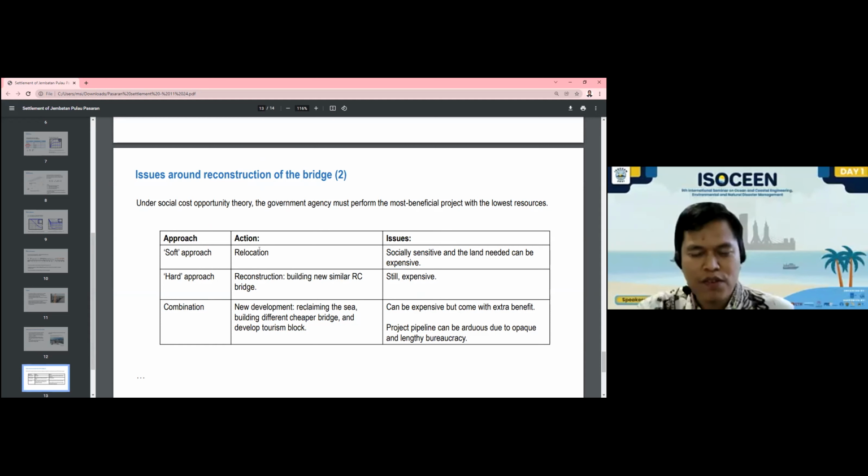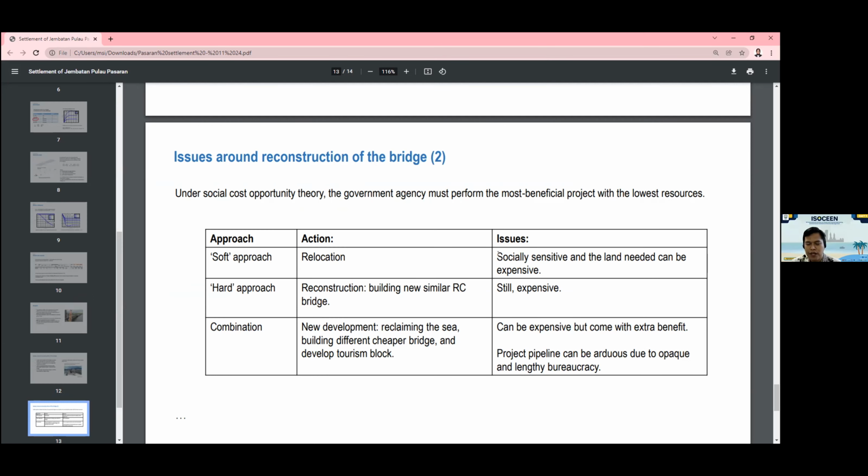This is the detail of the action. Soft approach, one solution is relocation, but the issue is it is socially sensitive as well as expensive, and the land needed to relocate the people of Pulau Pasaran can be very expensive.